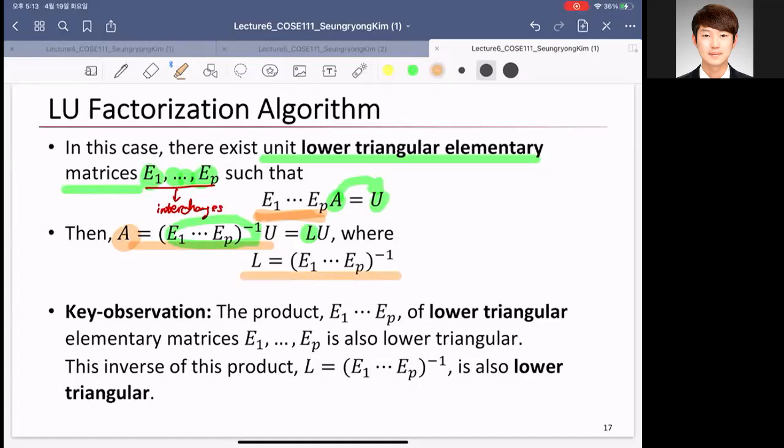Right? In this case, we can achieve L and U to factorize the original matrix A. This is our observation.